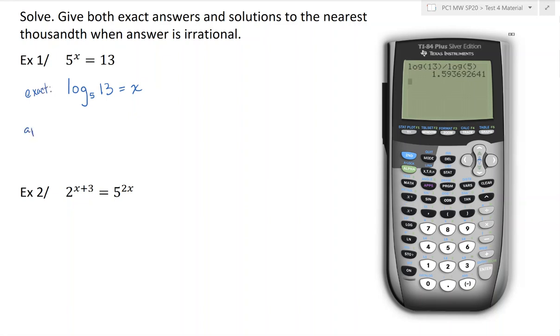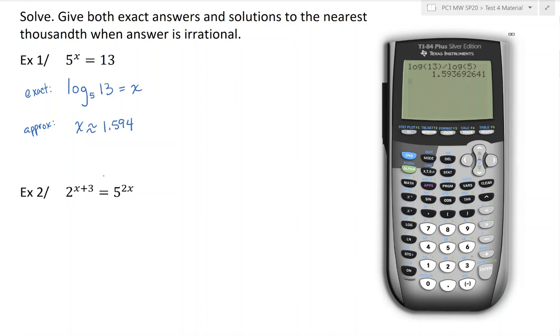And my approximate answer is x is approximately 1.594.